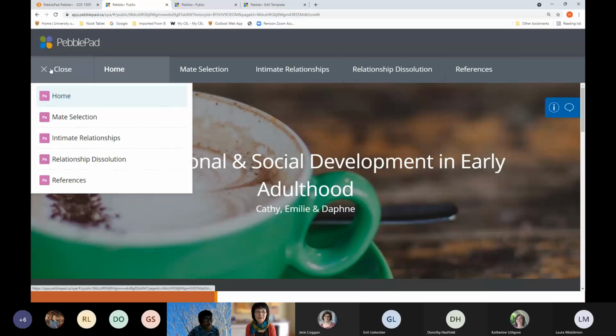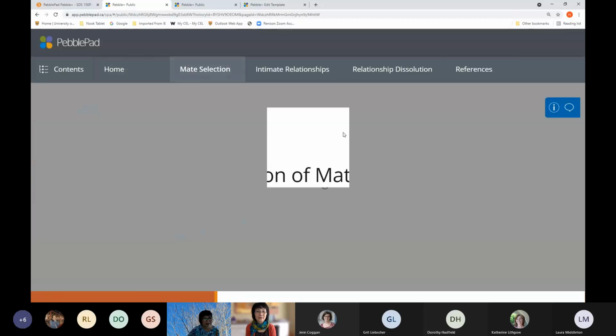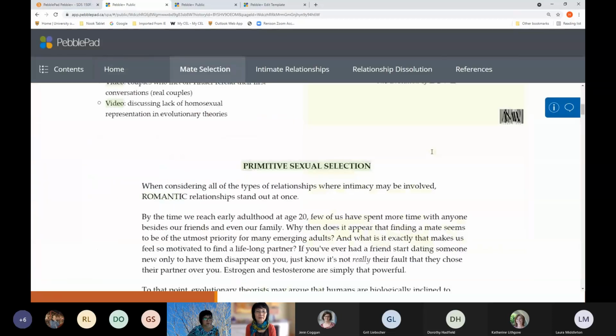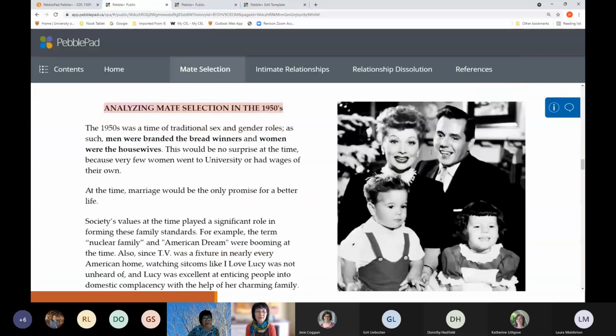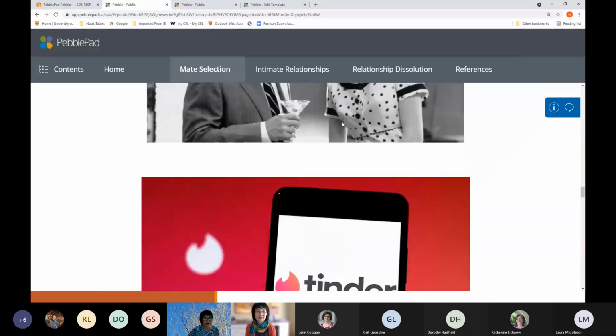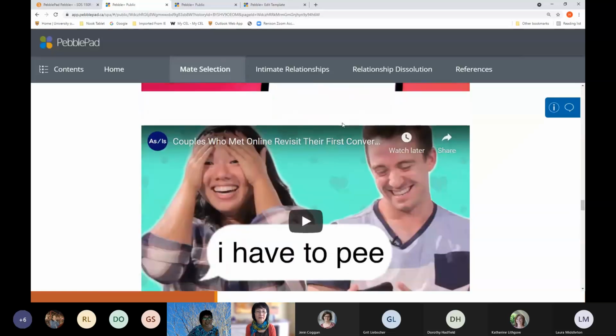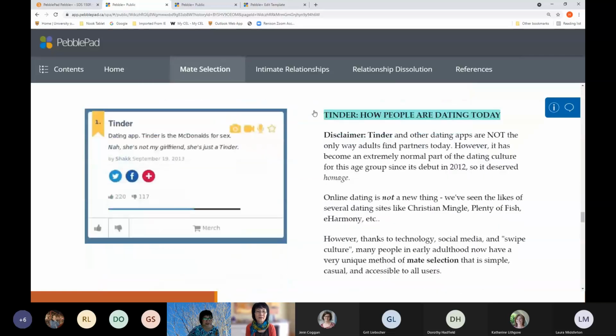You can see the students already use tabs to separate their topics, and they talk about mate selection, intimate relationships, and breakup, and they give references as well. Like I said, you can see that they create beautiful content and insert videotape for students to see. So this is one example.